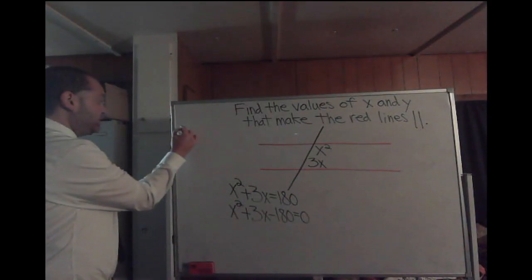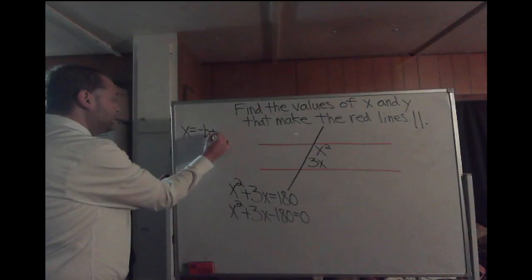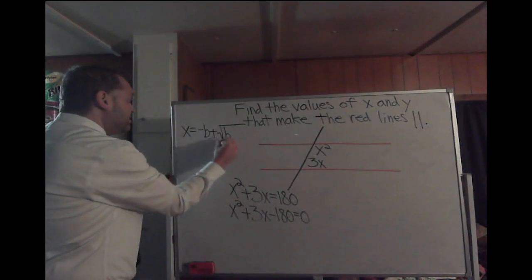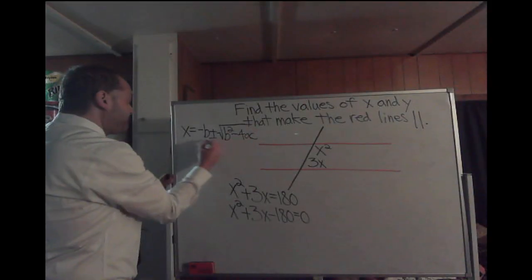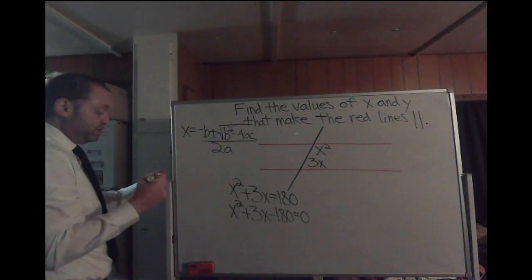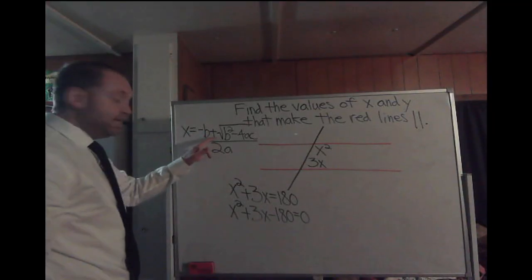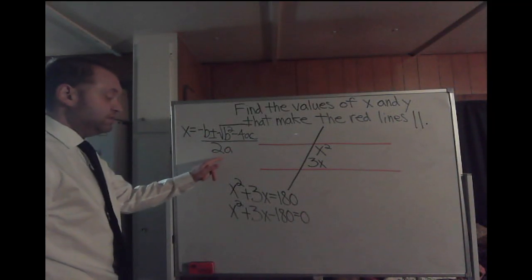Anyone forgets the quadratic formula is x equals the negative of b plus or minus the square root of b squared minus 4ac all over 2a. There's a bit of algebra review. So x equals the negative of b plus or minus the square root of b squared minus 4ac all over 2a.